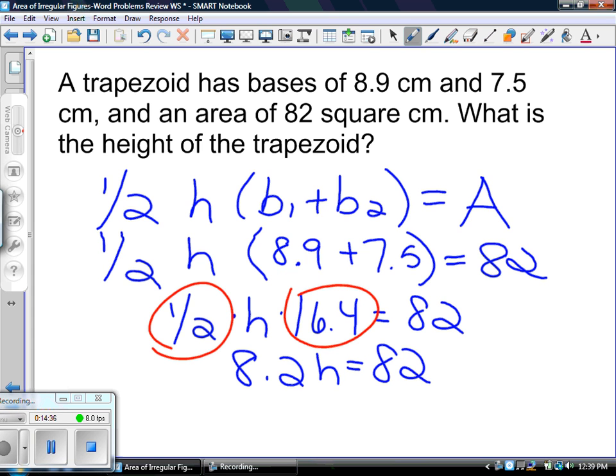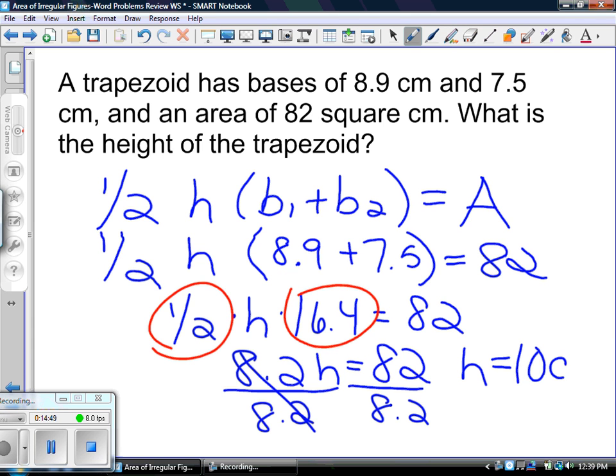Well, now we can find h because it's being multiplied by 8.2, so to undo that, we use its opposite. Divide by 8.2, and when you do that, h equals 10 centimeters. And so you get 10 centimeters for your height in this problem.